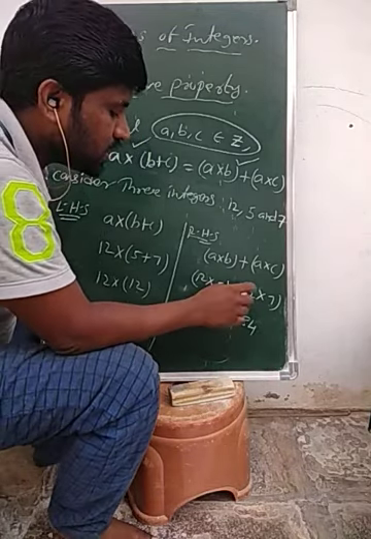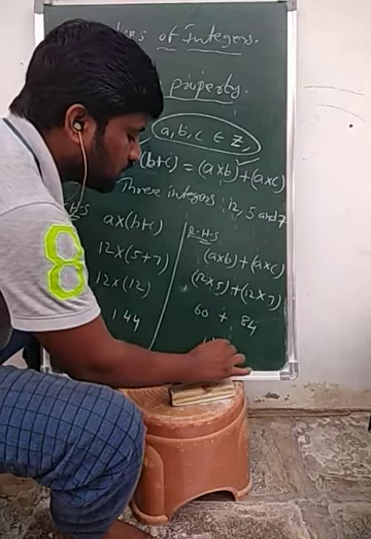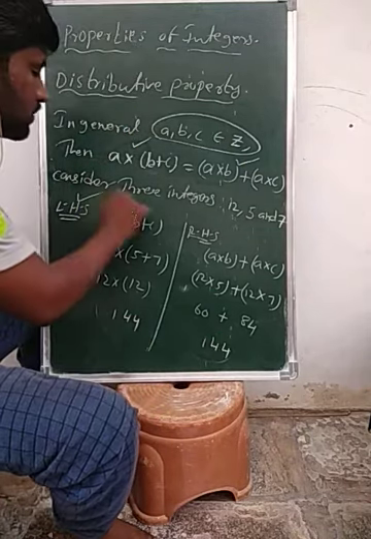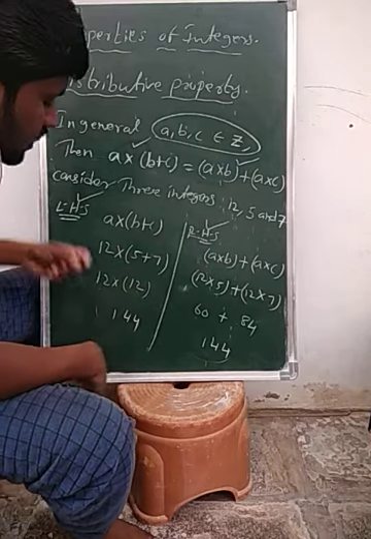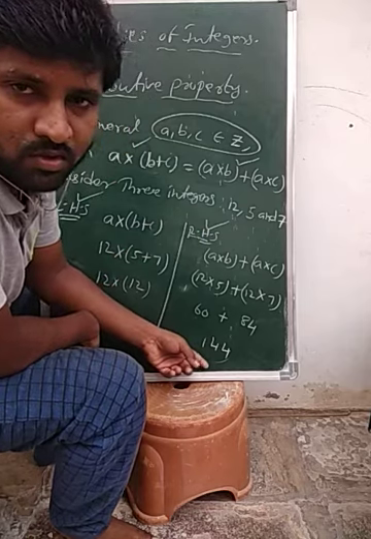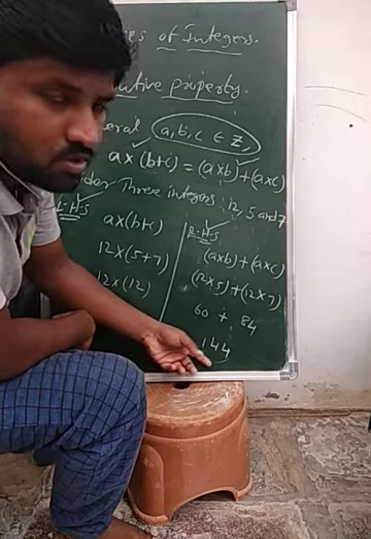Now 60 plus 84, we get 144. Clearly the LHS part is equal to the RHS part. LHS value we get 144 and RHS value also we get 144. So clearly LHS is equal to RHS.